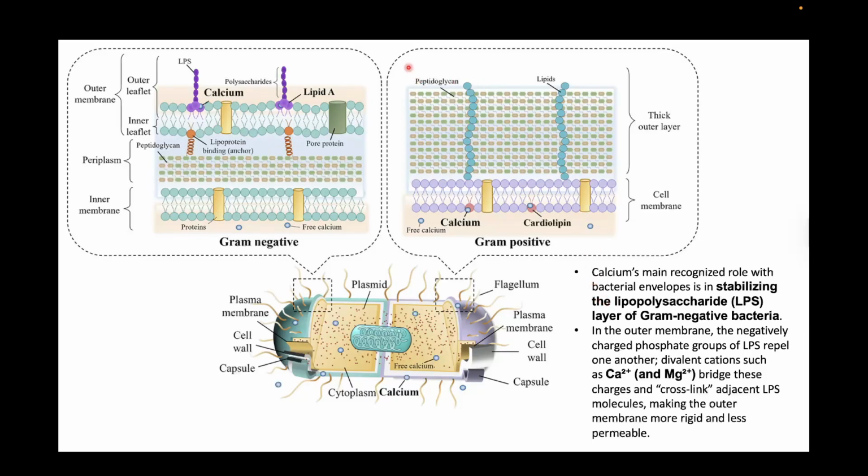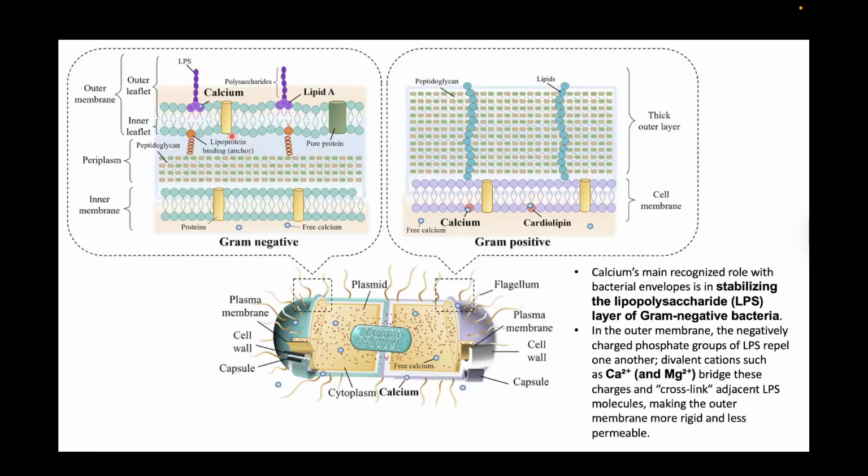So that is why the gram stain cannot enter gram-negative bacteria due to the presence of lipopolysaccharide, whereas the peptidoglycan layer readily absorbs the gram stain, which distinguishes between gram-positive and gram-negative bacteria. In the outer membrane, the negatively charged phosphate groups of LPS repel one another.